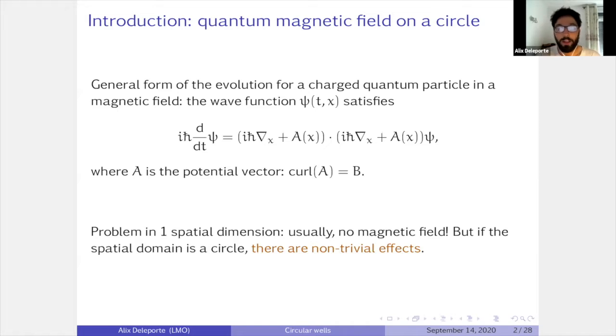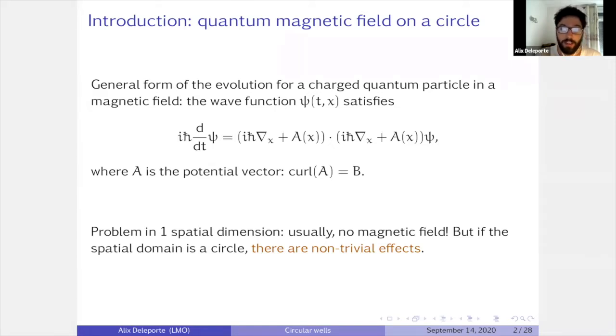And we're looking at this problem in 1D, and more specifically, psi will be a function of t in R and of x, which belongs to S1. It might seem puzzling because usually in one dimension there is no magnetic field.